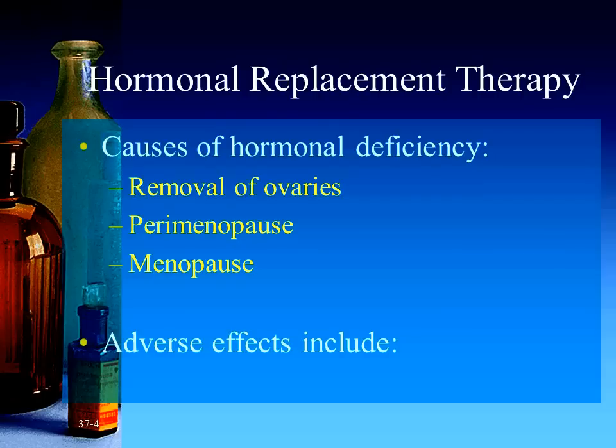When someone is truly in menopause, it's defined as the complete cessation of the menstrual period for 12 months, accompanied by a decreased estrogen level of less than 50 picograms per ml and a decreased FSH level.